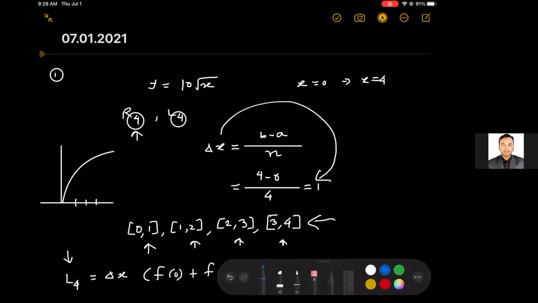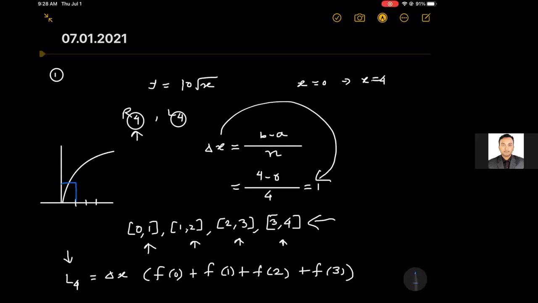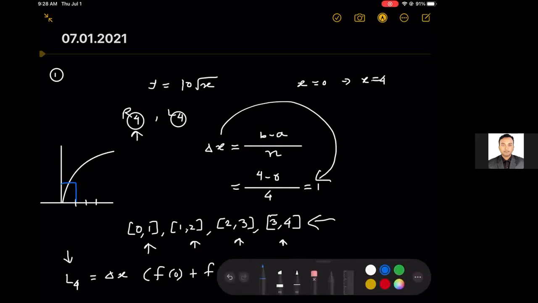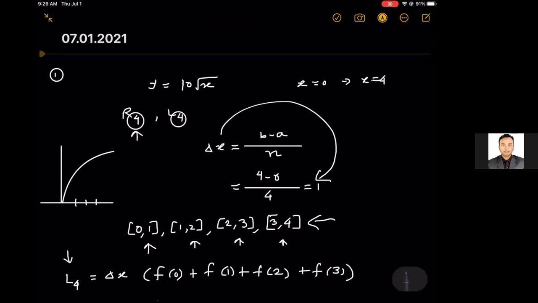Let me just quickly draw the rectangles for you. Now, we're doing the left Riemann sum, right? So it should start from here. I apologize for the bad drawing anyway, but you can clearly imagine what's the case here, right?